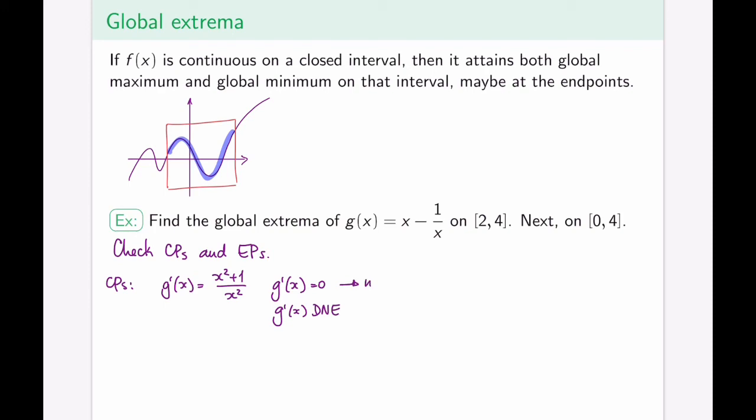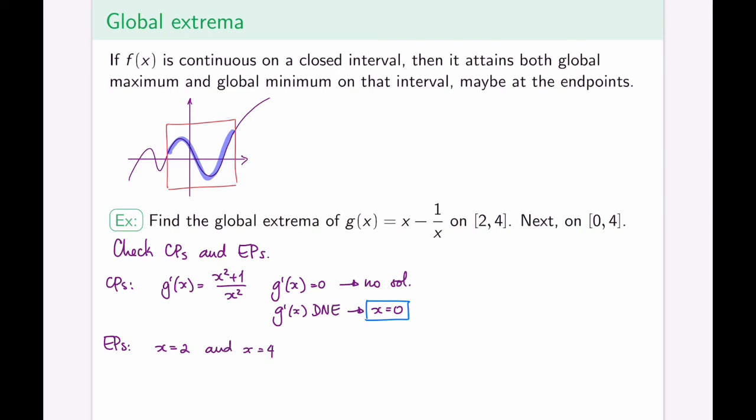The derivative being 0 produced no solutions. The derivative not existing produced one solution, x being 0. So this is our only critical point. Endpoints for the first interval that we're looking at here are 2 and 4, so x equals 2 and x equals 4.